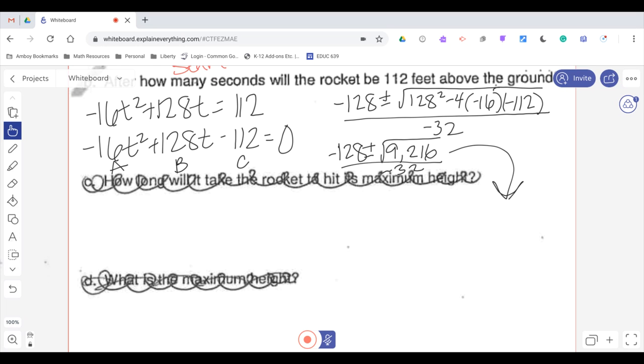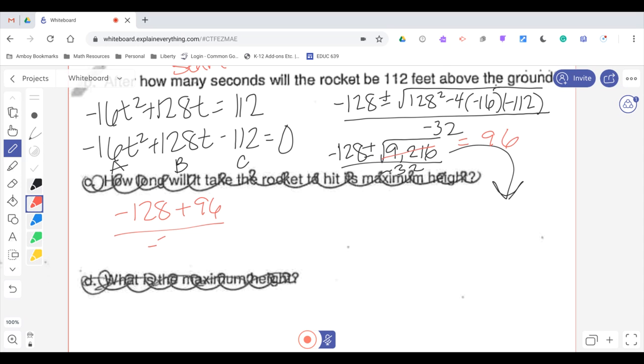Oh, it does have a square root of 96. So this equals 96. So I need negative 128 plus 96 divided by negative 32. And negative 128 minus 96 divided by negative 32.